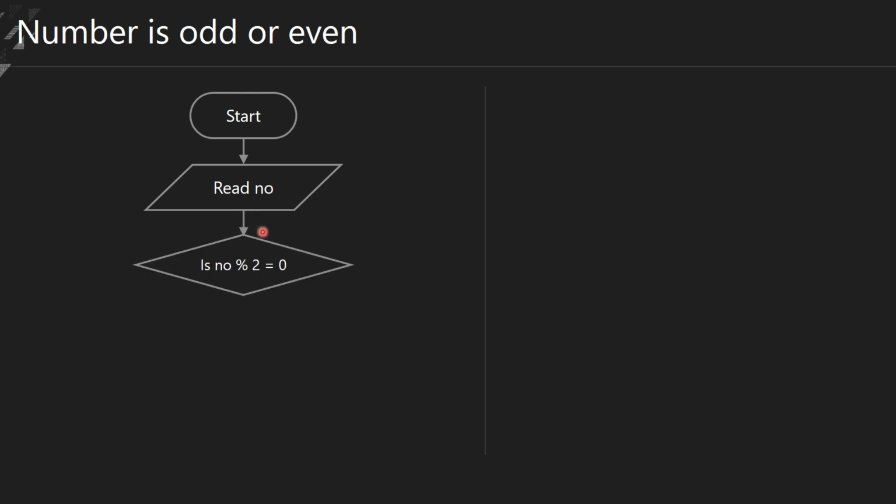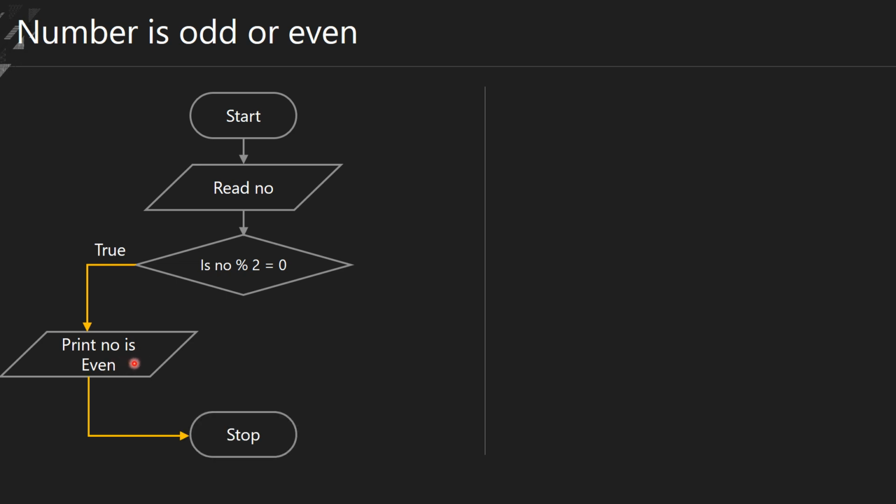How to check that? With the modulus operator. Whenever any number is divided by 2 and the remainder is 0, the condition is true. If it is true, the number is even, print the number is even, then stop.